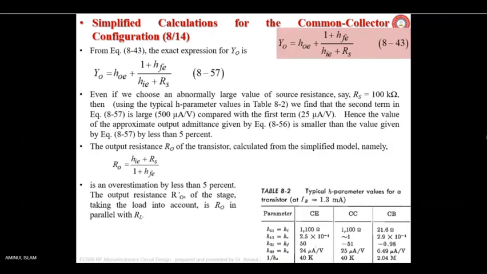So from equation 843, the exact expression for YO is going to be this. Even if we choose an abnormally large value of source resistance RS, say 100 kilo ohm, then using the typical H parameter values and this table, we find that the second term in this equation 857 is large, 500 microampere per volt, compared with the first term, 25 microampere per volt.